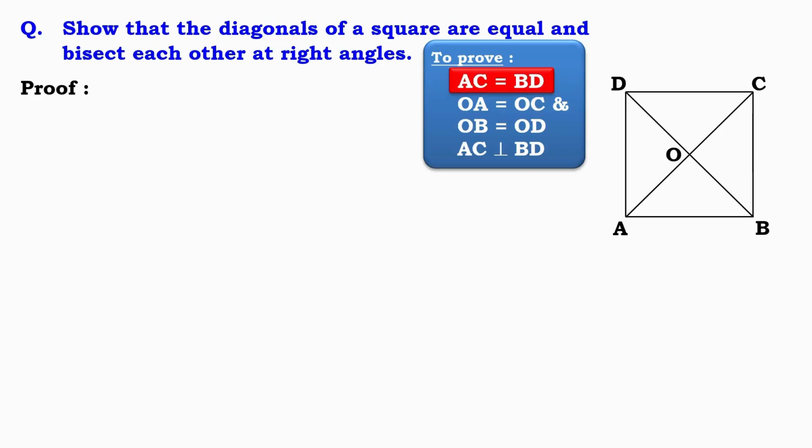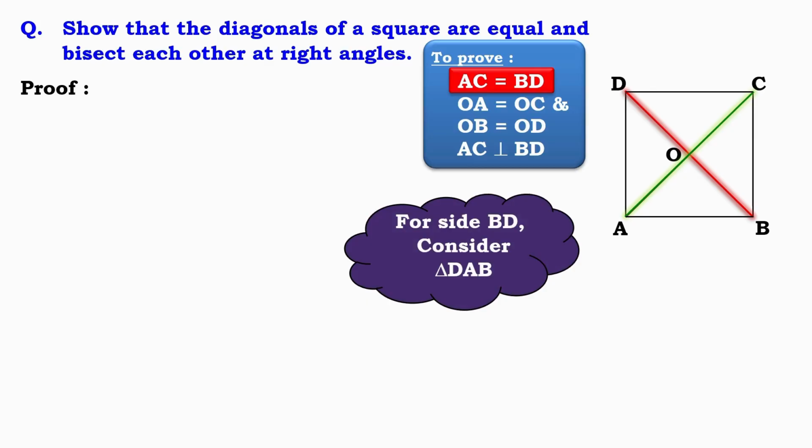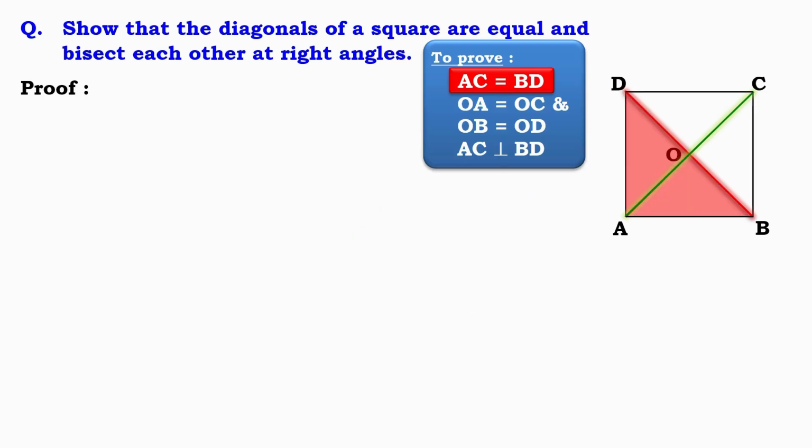The first thing we need to prove is AC equal to BD. For proving sides congruent, we prove that triangles are congruent. For side BD, consider triangle DAB.